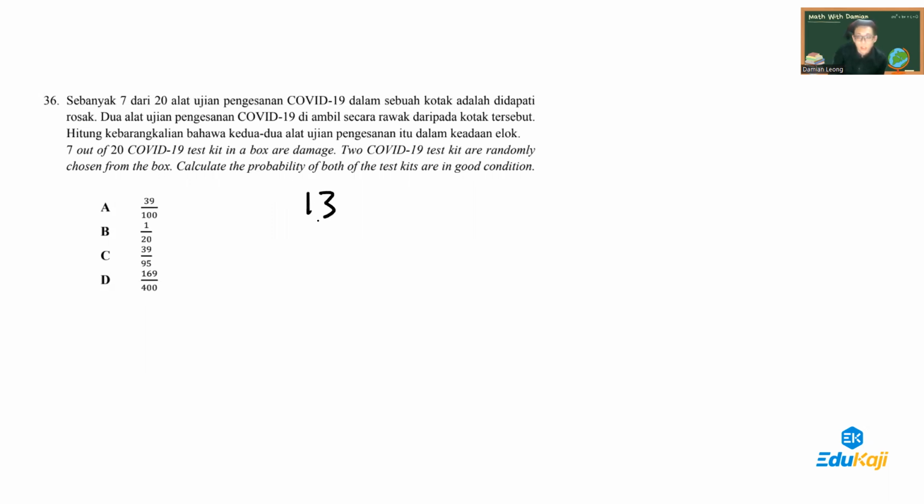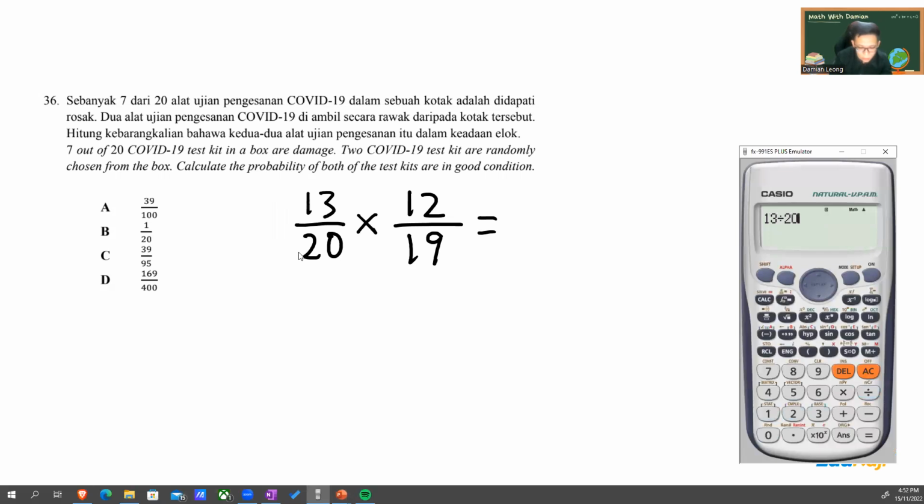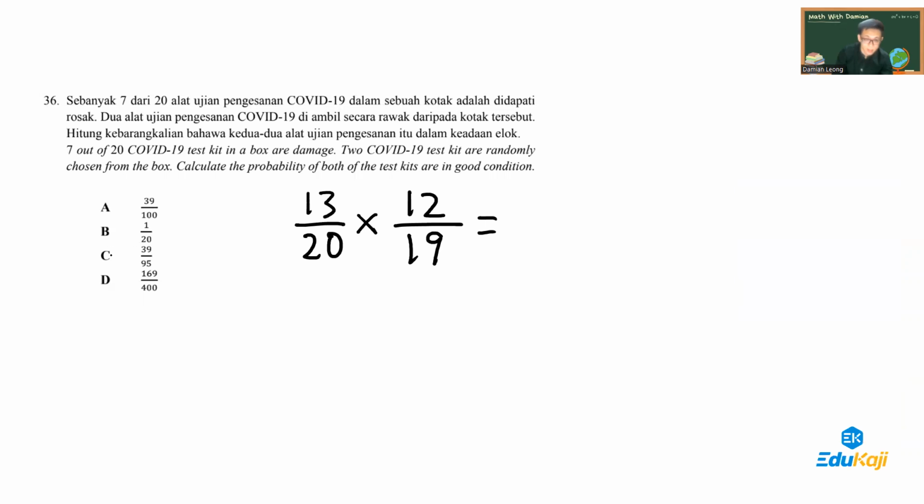So the probability of selecting both good condition test kits: the first one would be 13 over 20. Selecting the next one also good, after selecting one, I'm left with 12 and the total left is 19. So 13 over 20 times 12 over 19, 39 over 95. Answer C.